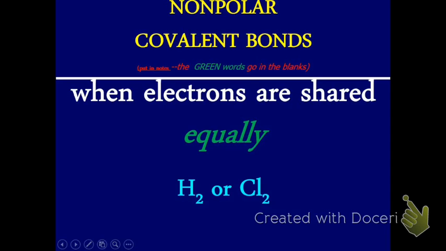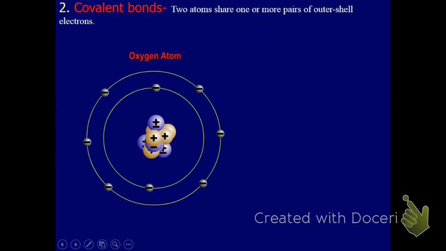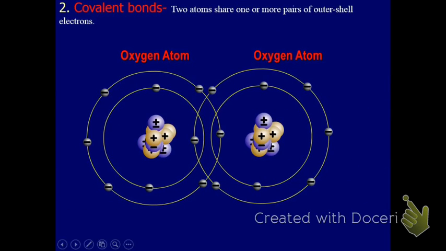A hydrogen bonded to a hydrogen, each one brings 1, and 1 plus 1, they're equal electrons to share. That would be nonpolar covalent. Here, the O2 molecule, they're each bringing 6 to the table, so they bring the same amount of electrons to share.